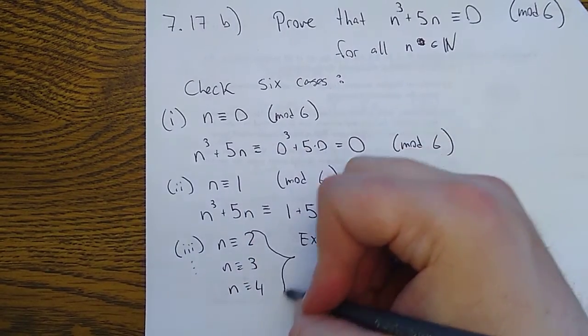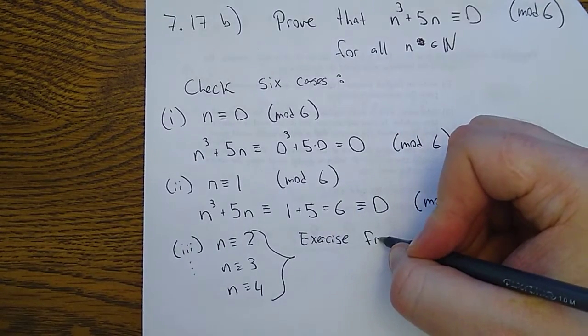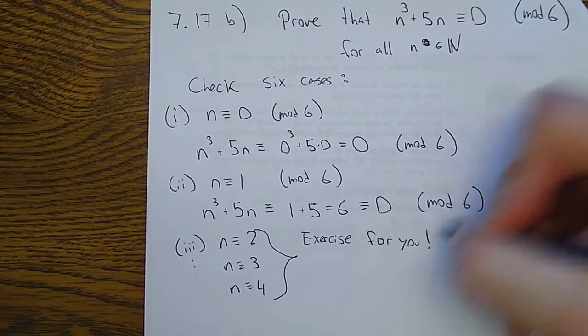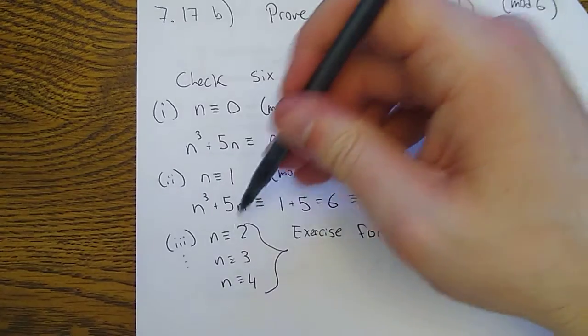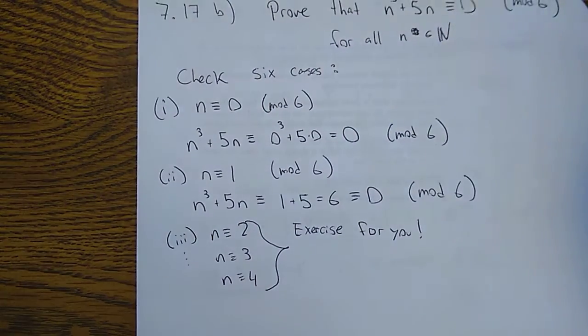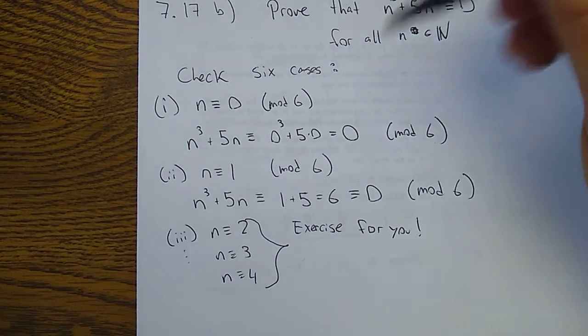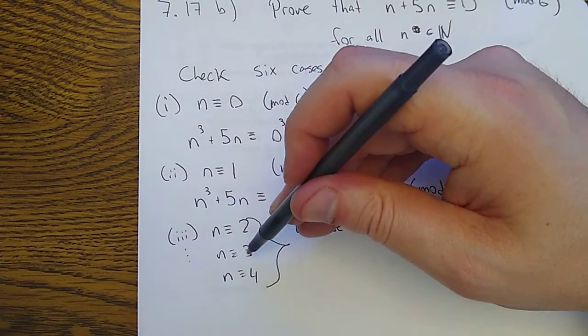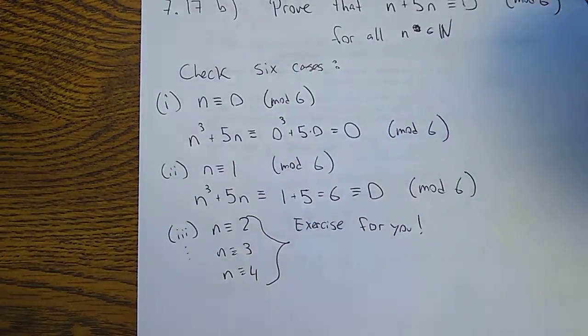These are an exercise for you. Just take 2 cubed plus 5 times 2 and check that that's congruent to 0 mod 6, and then 3 cubed plus 5 times 3. You're just checking each one.